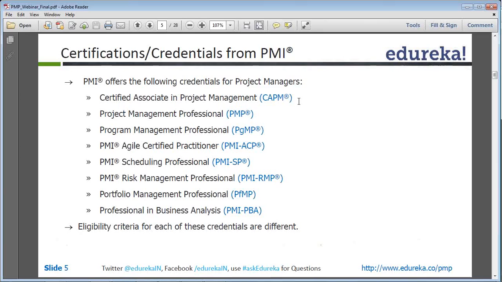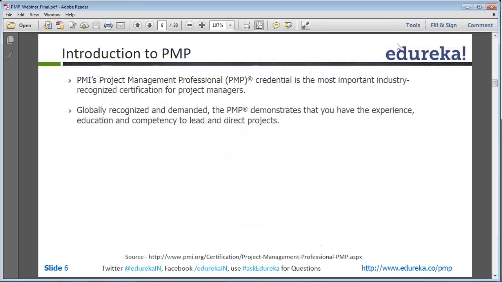Similarly, in PMI-PBA, currently people know more about IIBA's CBAP, but this year PMI also started off, looking at the importance of business analysis and the role of business analysts in various projects, with the PMI-PBA examination.